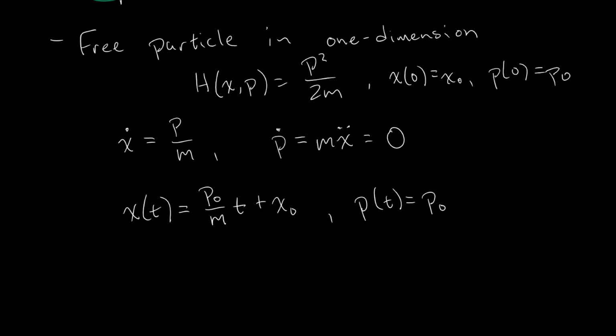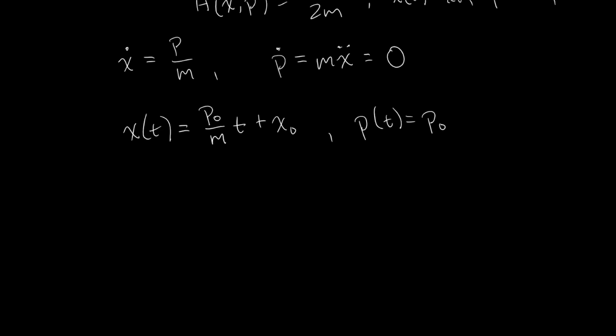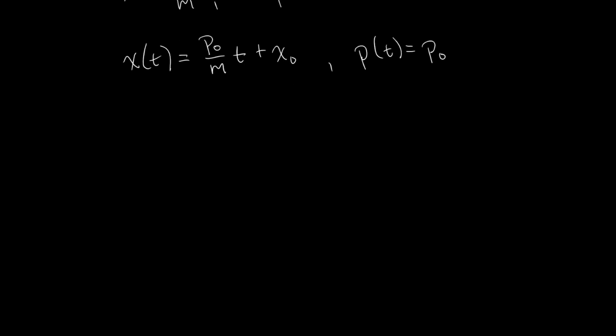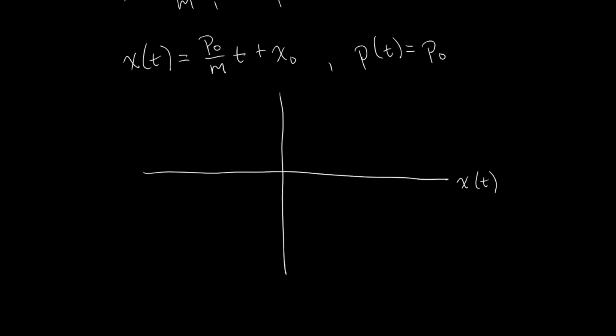Okay, so this is interesting because we can see, if I draw a plot of the phase space here, we can think about how things are flowing in phase space. Almost think of phase space as having fluids in it.